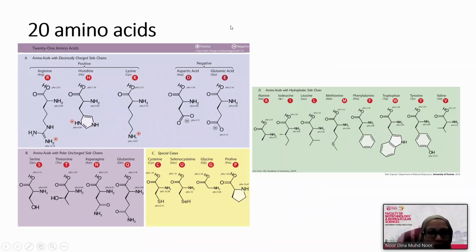You can find many different types of tips to help you memorize all these 20 amino acids. It's just that you have to find the one that suits your own way.